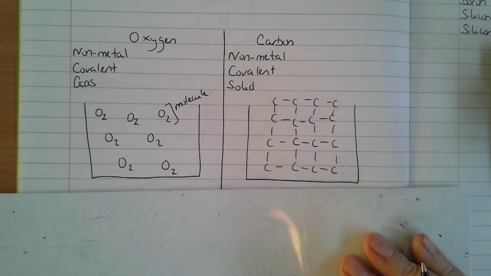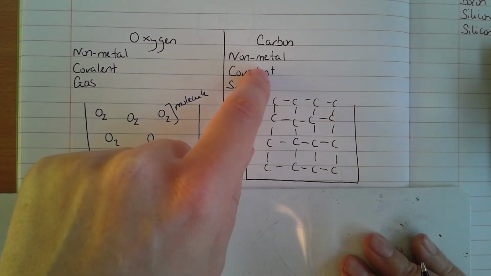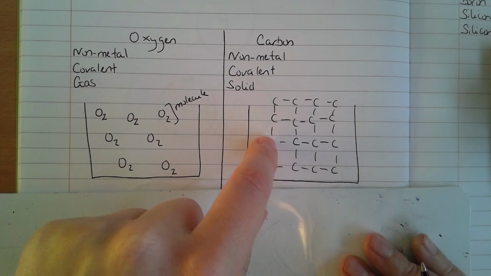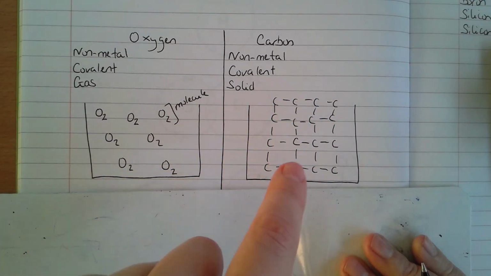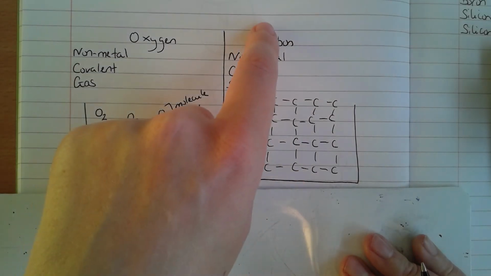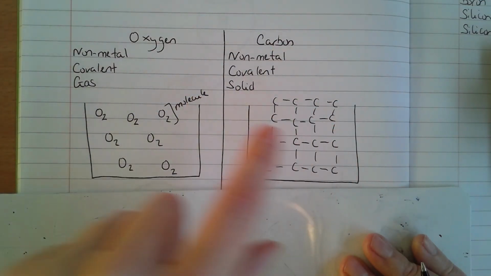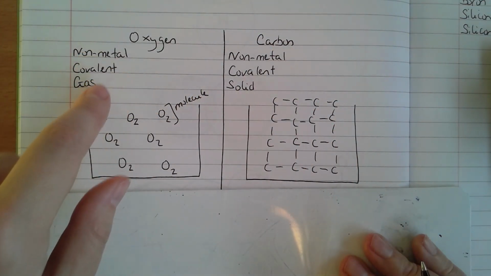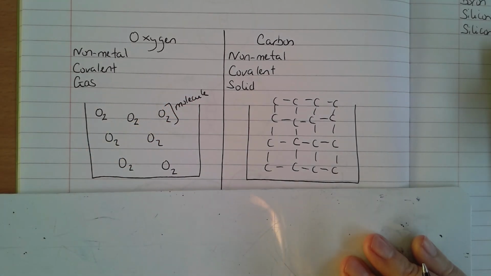Over here though, with carbon, I don't form small molecules. Every single carbon atom in my beaker joins together to form one large continuous structure. So the carbon atoms all bond together to form one big thing, whereas over here, the oxygen atoms pair up to form small individual molecules.